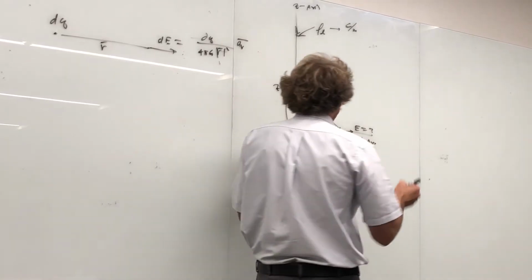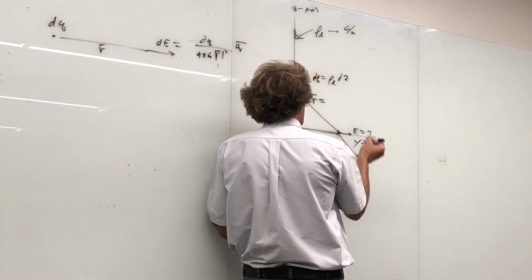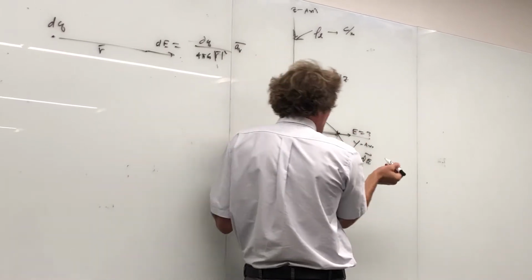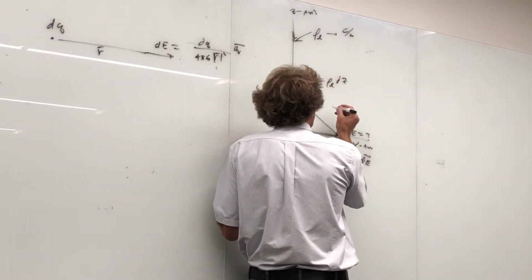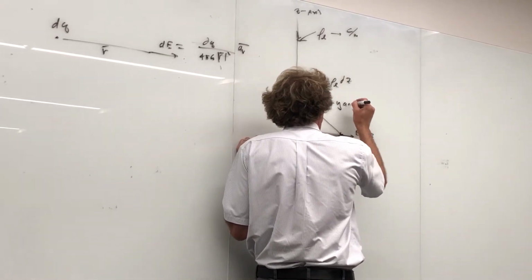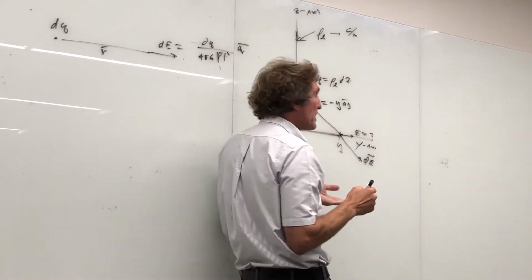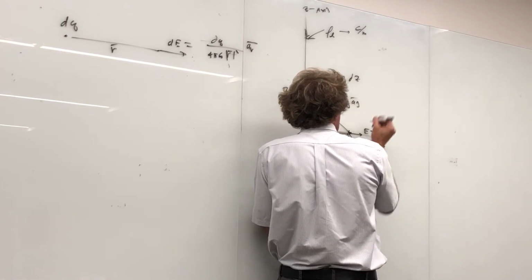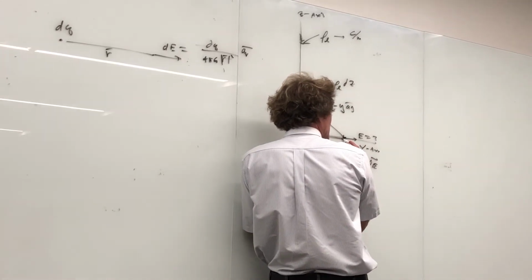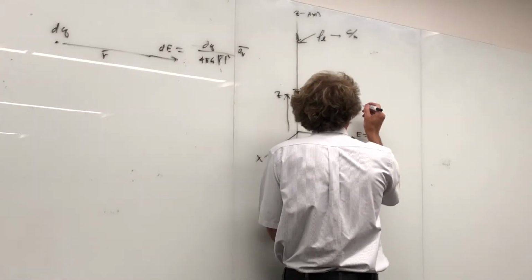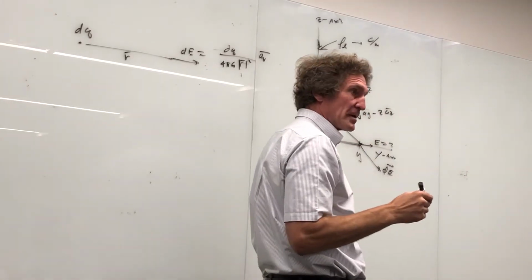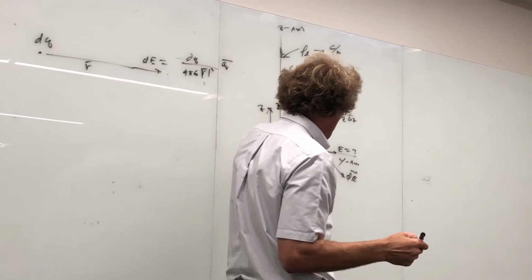Then we take the difference in the y. Well, this value of y is 0, correct? And this is going to be at y, so it's going to be minus y, ay, correct? 0 minus y. And then the difference in z, which is 0 minus z, so it's minus z az. So that's the value of R, right there, from this point to that point.